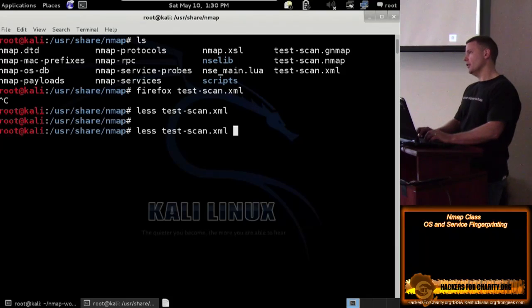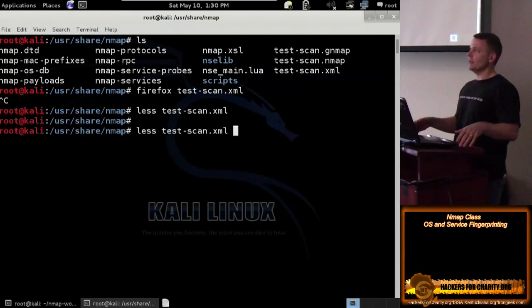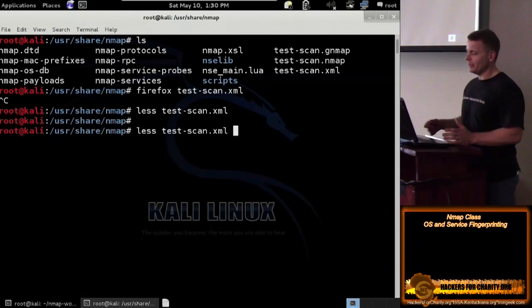For example, say you had emailed the XML file off of Kali to your manager who's running Windows, right? And so you're like, hey, check this out, just open it with Internet Explorer. Well, they open it as a big blank screen, right? And the Price is Right wah-wah sound plays in the background.